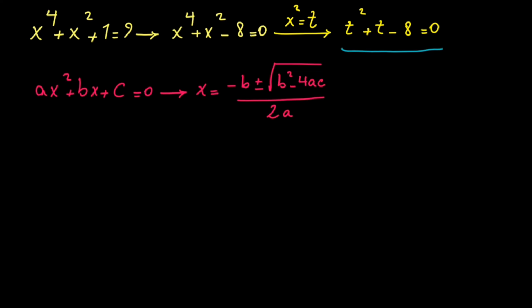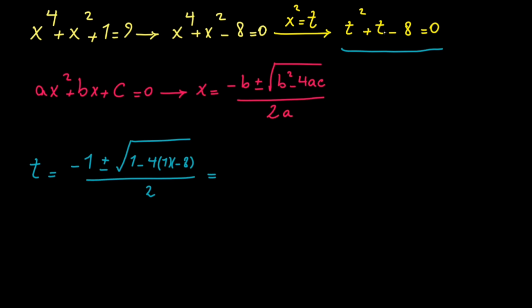So from this one, our equation t will be equal to minus 1 positive and negative square root of 1 minus 4 times 1 times negative 8, over 2.